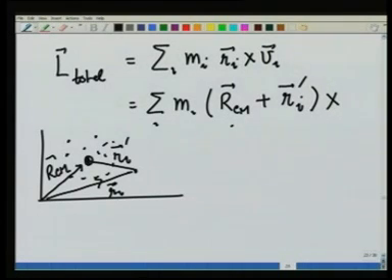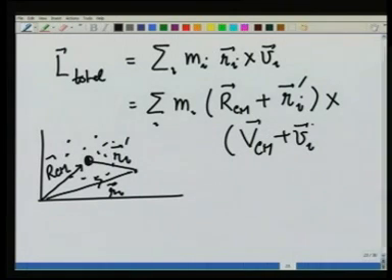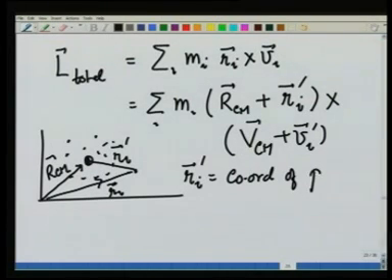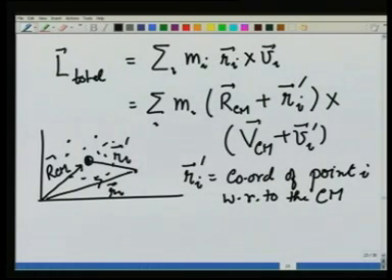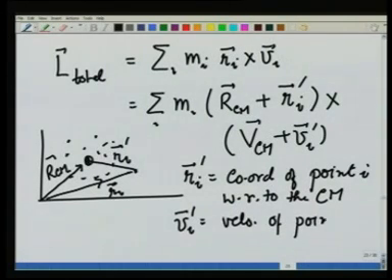Similarly, the velocity would become v_CM plus v_i prime, where r_i prime is the coordinate of point i with respect to the center of mass, and v_i prime is the velocity of point i with respect to the CM.